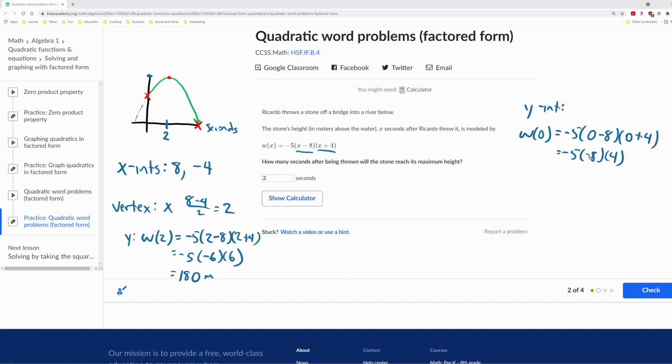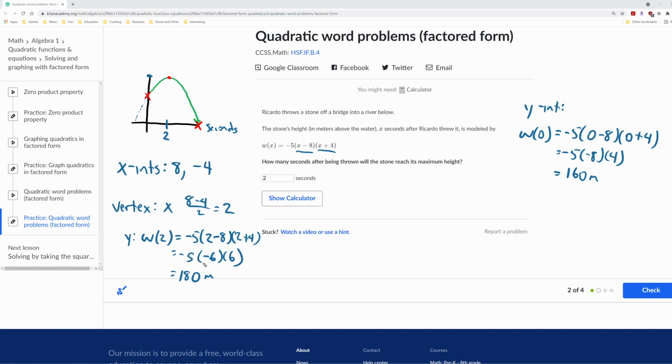So let's see, 5 times 8 is 40, and then 40 times 4 is 160. So I guess what I said about throwing the stone wasn't true. It went to a height of 180 meters, but we were starting on this 160 meter bridge, which is a pretty tall bridge. So I guess it's not quite so unrealistic as I portrayed.